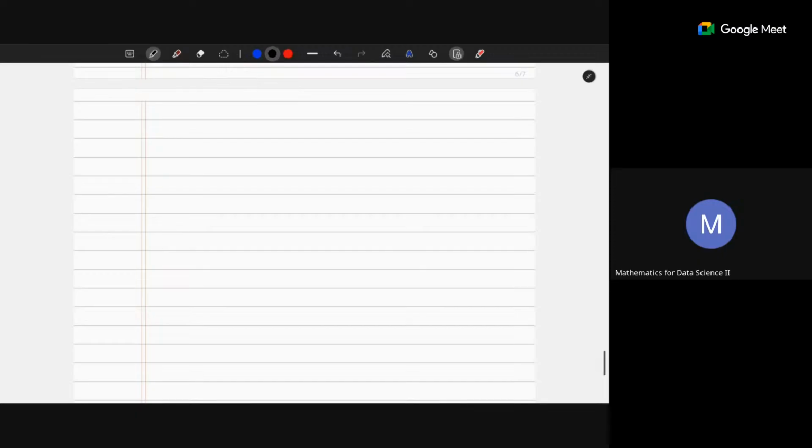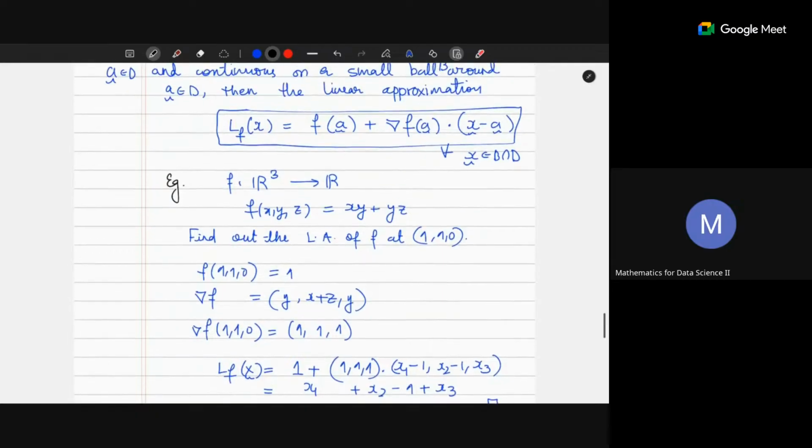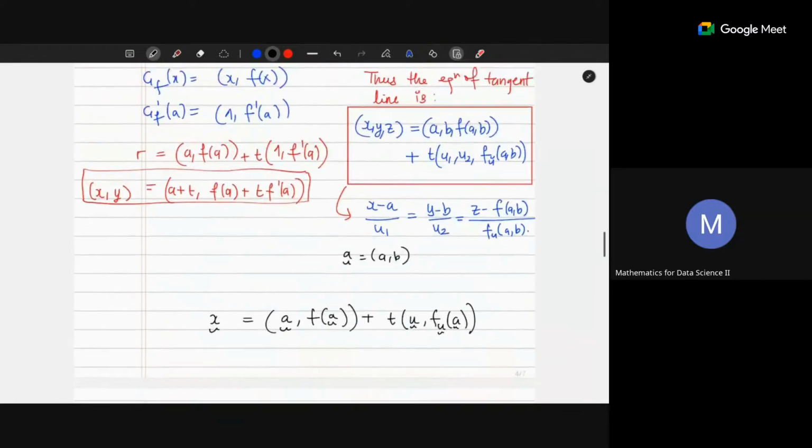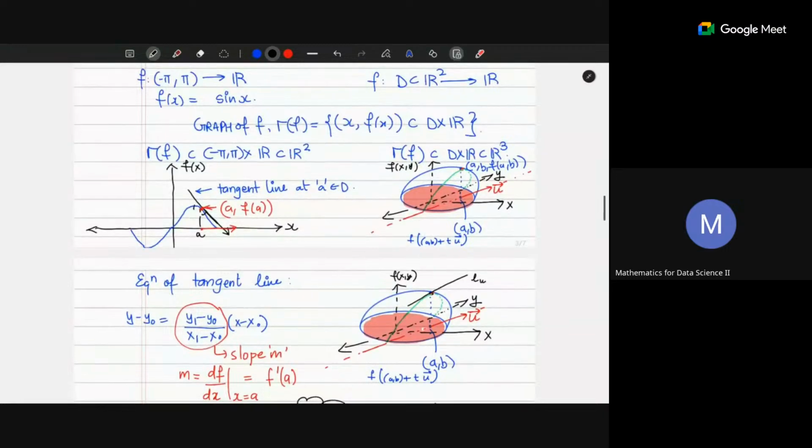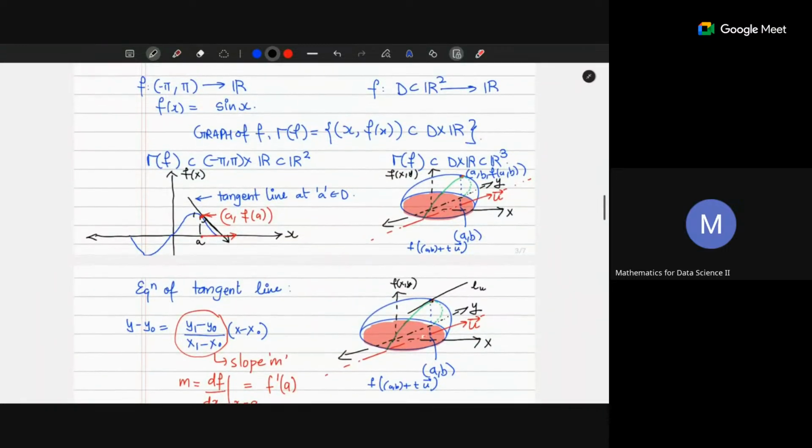Okay. So now there is one more thing in one variable calculus that we have seen, which is about finding out the maxima and minima. In particular, the extremum points. For example, in this graph, in the one variable case, let me copy this whole thing.